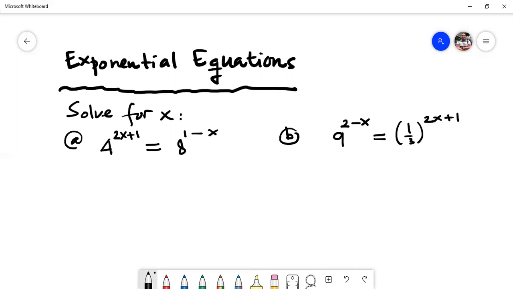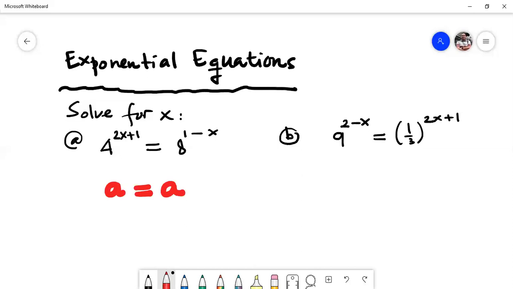Now, remember, when you are dealing with any exponential equation, try to figure out that the expressions on both sides will have the same base number.